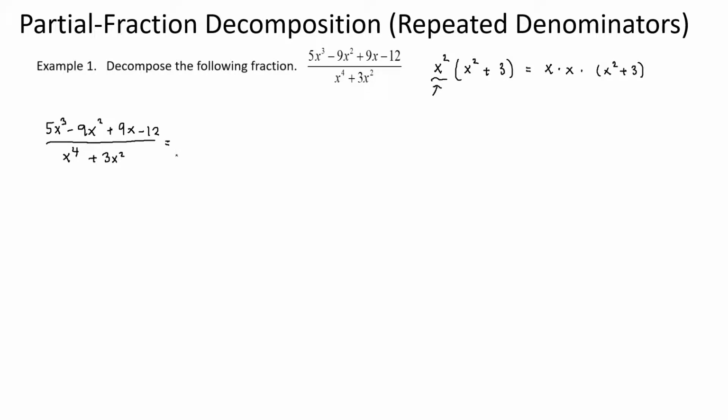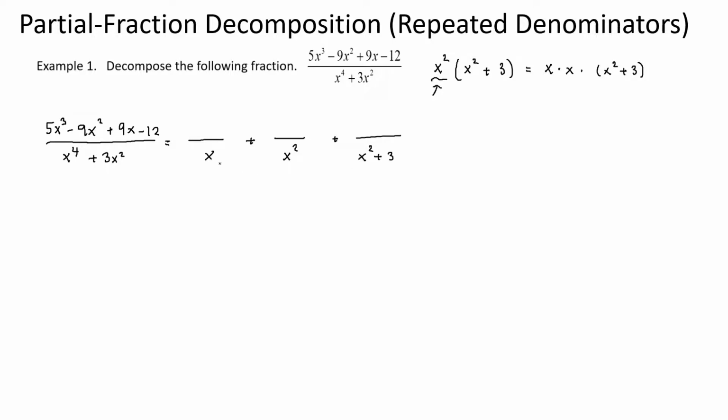In this case, notice that we have three factors, so we should have three fractions. One is x, the other one is x squared, and the last one is x squared plus 3.